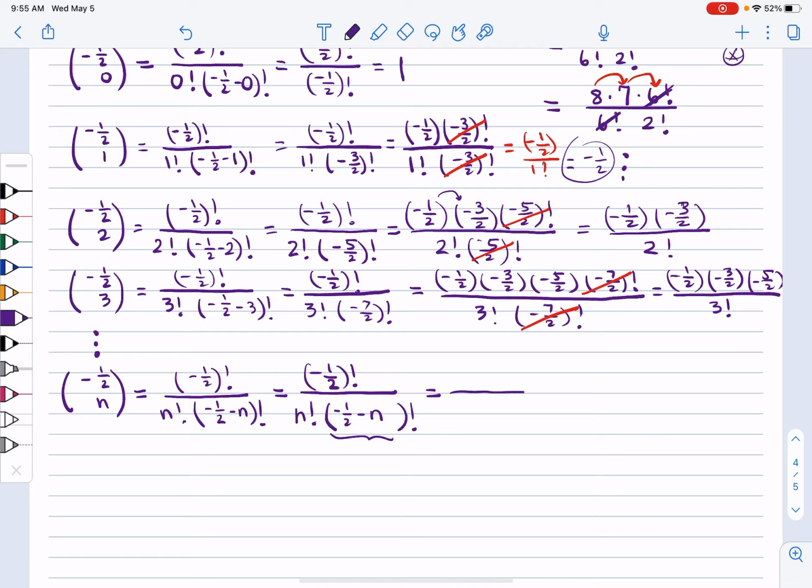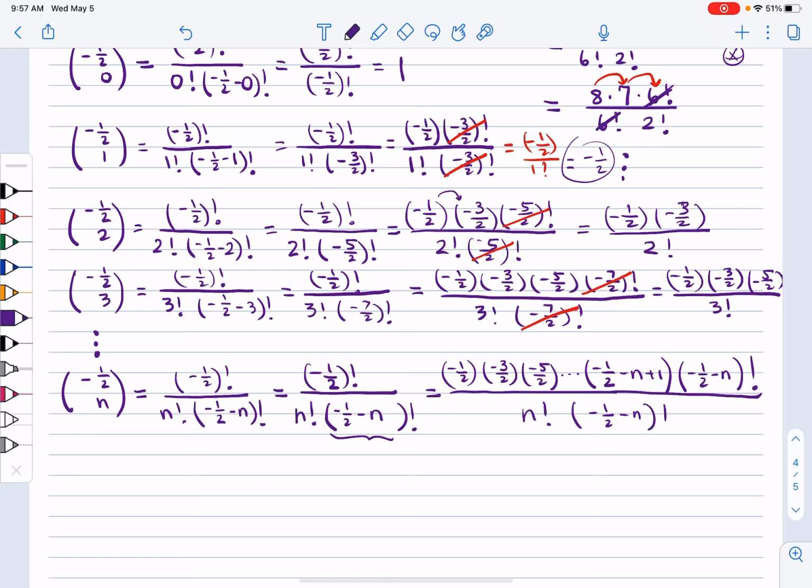The numerator, when you expand it, you have negative 1/2, negative 3 over 2, negative 5 over 2, and then the idea continues all the way up to negative 1/2 minus n plus 1, and then negative 1/2 minus n factorial over n factorial, negative 1/2 minus n factorial.